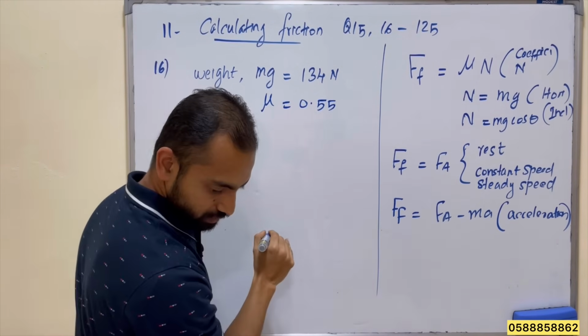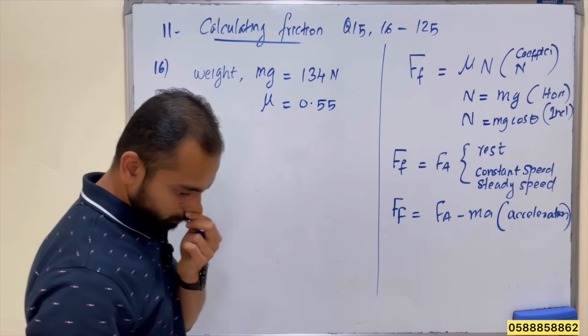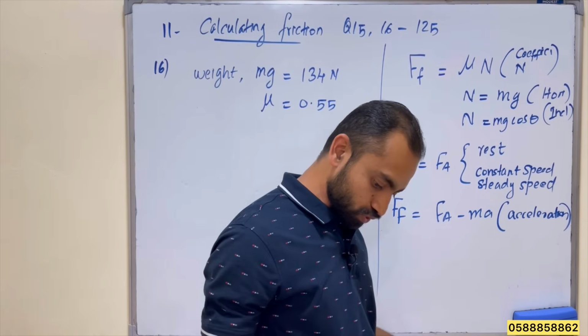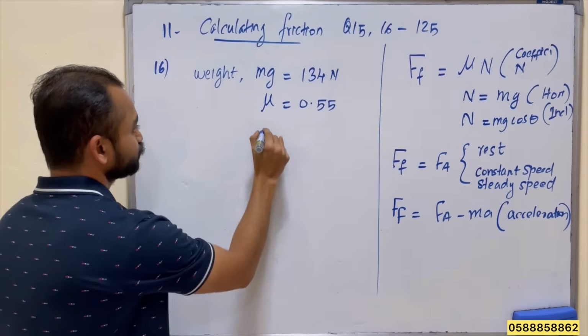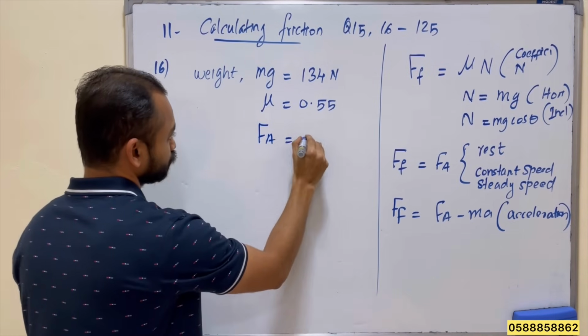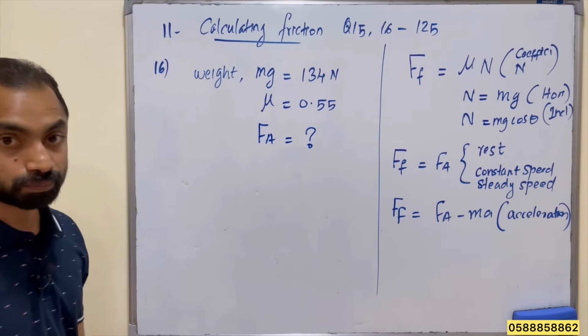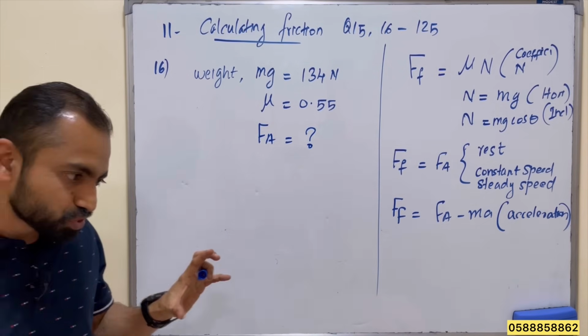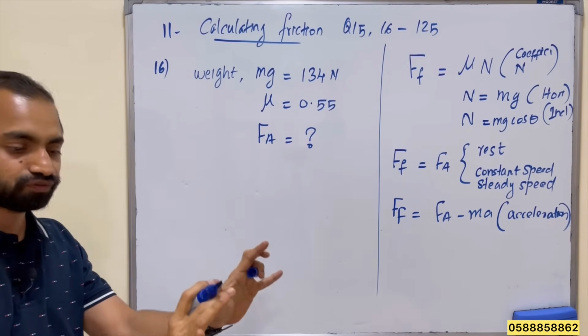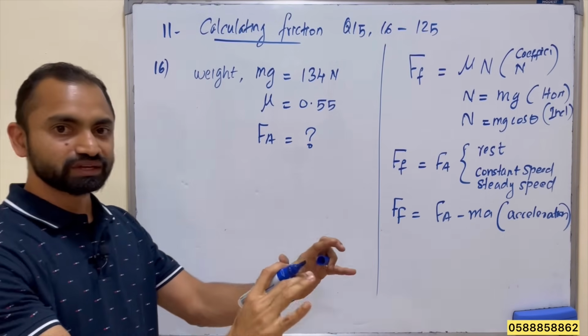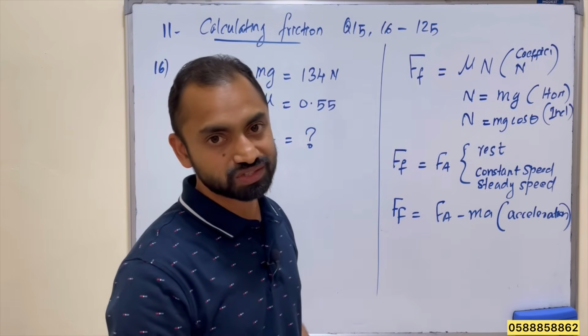0.55. How hard must he push horizontally on the box in order to make it start moving, right? So you need to calculate the applied force to make it start moving. To make an object start moving, your applied force must be equal to the maximum value of the static friction.